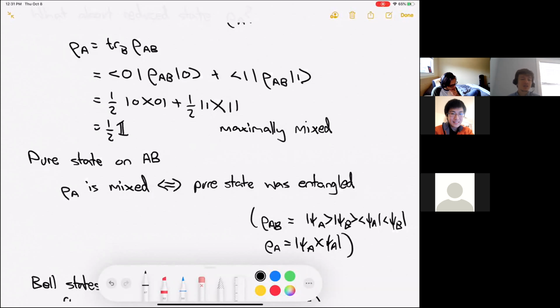In some sense, the right way to think of it is that anytime you have some quantum system and you want to think about its state, it will be entangled with the universe. You can always think of the density matrix as coming from some pure state, but then we've traced over the rest of the universe and ended up with a mixed state. Yeah, that's absolutely the way to think about it.